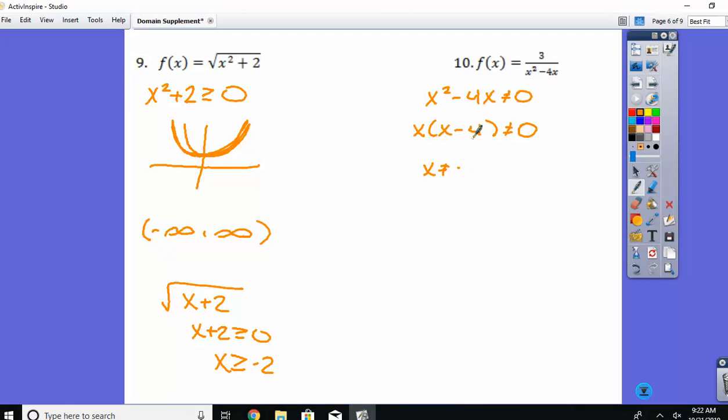What makes x minus 4 0? Oh, 4. Positive 4, and this out here we would just need 0. Just like when you solve the quadratic, we would factor them and we set each piece equal to 0. So basically this means x cannot be 0. X minus 4 cannot be 0. So we get x can't be a 0 or a 4 on this problem. Since it's more than one value that x can't equal, you can just list them.